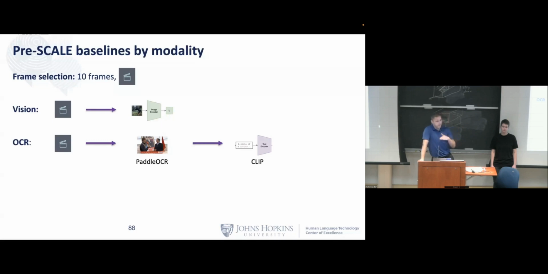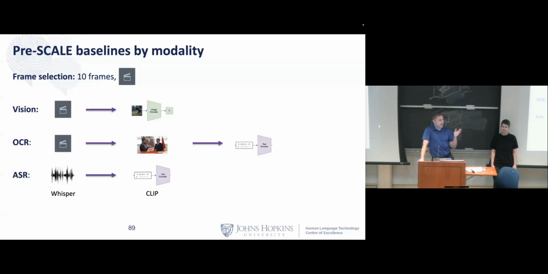So we made the decision that before scale, we would use primarily the English and Chinese as our baseline, and then we would pass it through the text encoder of clip. The other decision that we made prior to scale was that given the strong performance of the multilingual clip, we were making the assumption that both the text encoder and the vision encoder of clip were equally usable, which, not to give it away, but that's not the case.